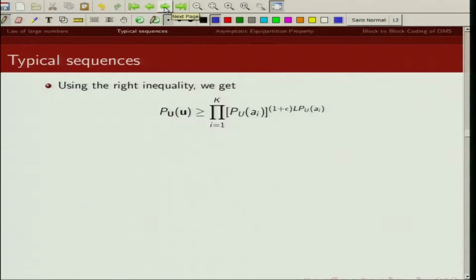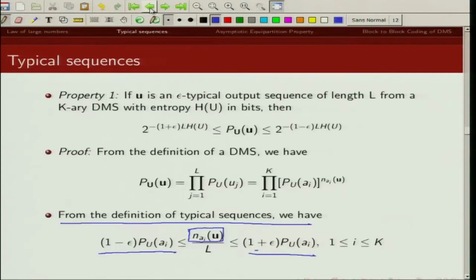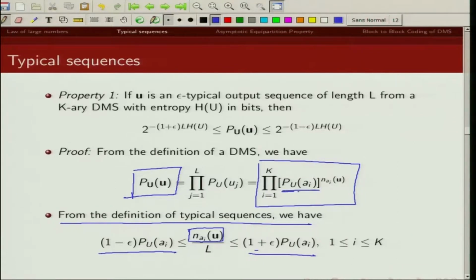Now let us take the right inequality. So we have shown that probability of U is equal to this quantity, correct? Now pay close attention to terms here. This is probability of Ai. What is it? It is a number between 0 and 1.